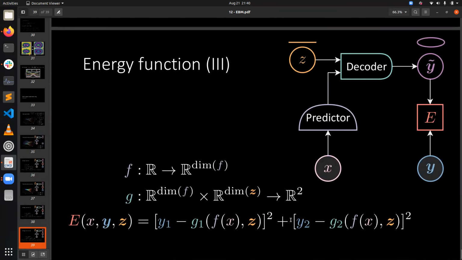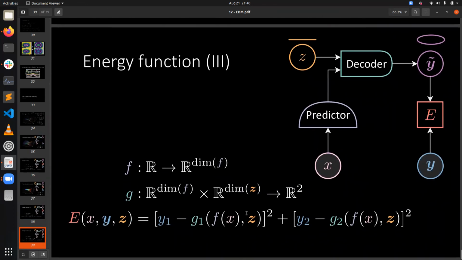So here the difference is you consider z as a vector, as opposed to a scalar value. This is the third type of energy function, where z is a vector and you will have to learn the shape that you get by varying z.